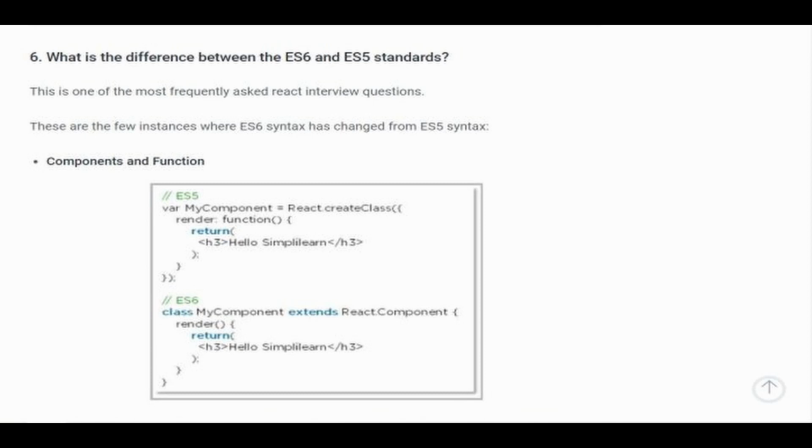But in earlier ES5, this is not the syntax, so we can see the previous syntax here. And in ES6, new features were launched, like arrow functions, the spread operator, the rest operator, and string literals.